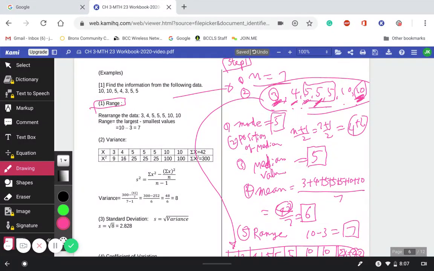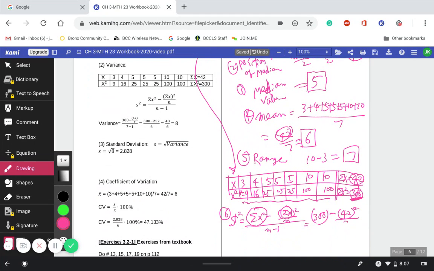I said that here, 7. So you divide that by 7 and divide the whole thing by n minus 1, so 7 minus 1. That's how you find the variance after you make a table and get the summation of x and summation of x squared.